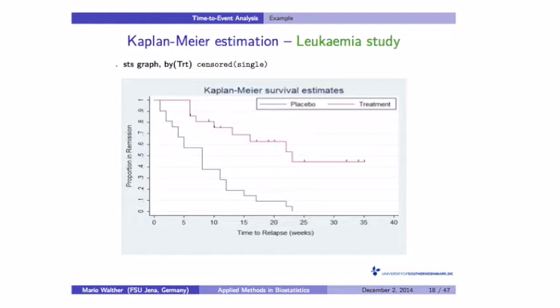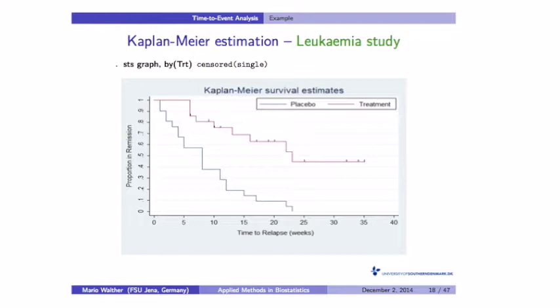So what you see are the curves of the survival probability. At the beginning I said that the survival probability has a smooth course, and because you deal with discrete data, you get a step function for the Kaplan-Meier estimator.